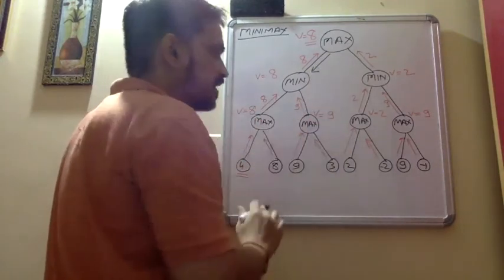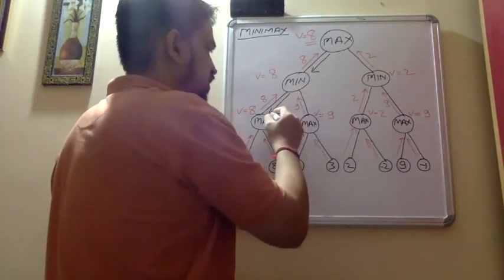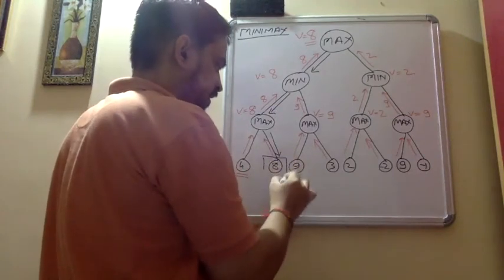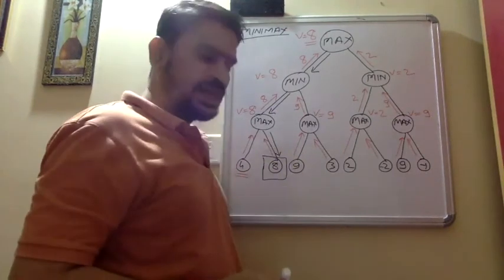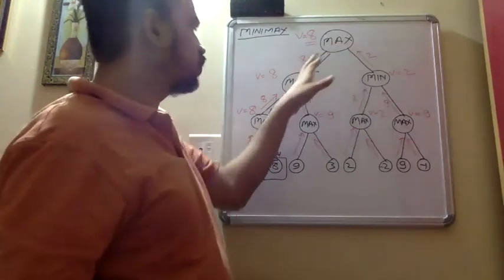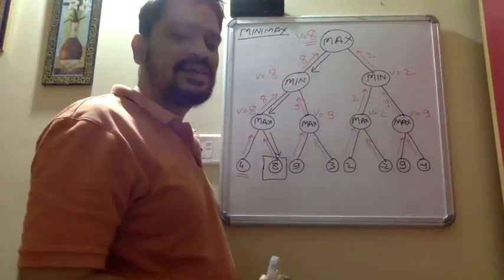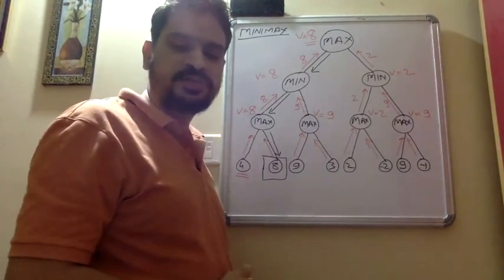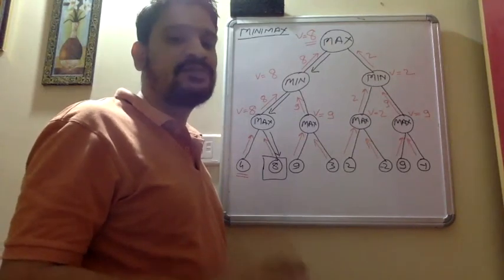Again, the minimizer will move in that direction. Again, the maximizer will move in that direction. In that way, we get the utility value. This is how we can do the searching in the MiniMax search procedure. It is under adversarial search.